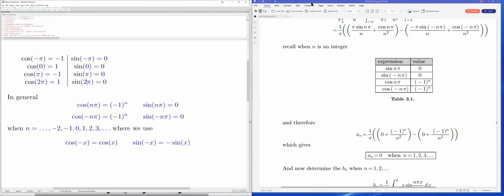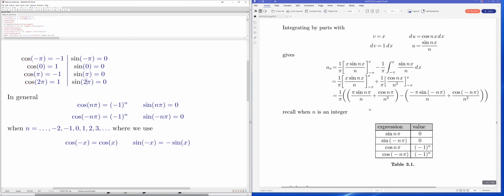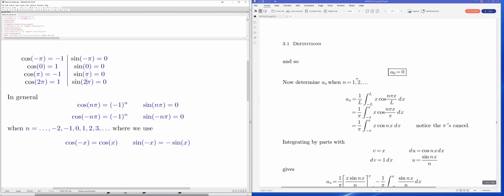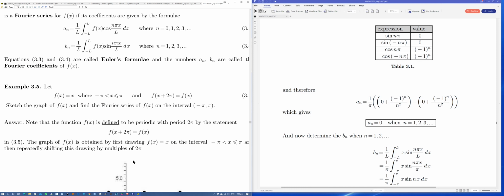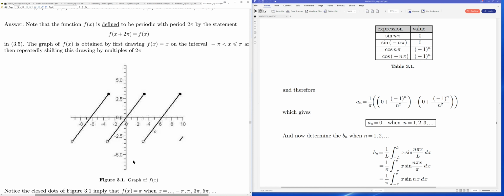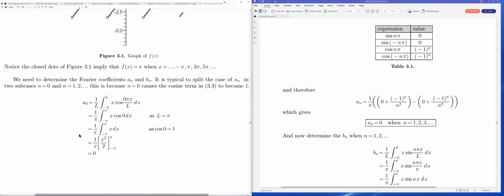And it's for values of n from 1, 2, 3 onward, so for the positive integers. Okay, so what I get is that a_n is equal to 0 for n equal to 1, 2, 3, and so on. And you want to recall what I have for a_0: I also got that a_0 is 0.